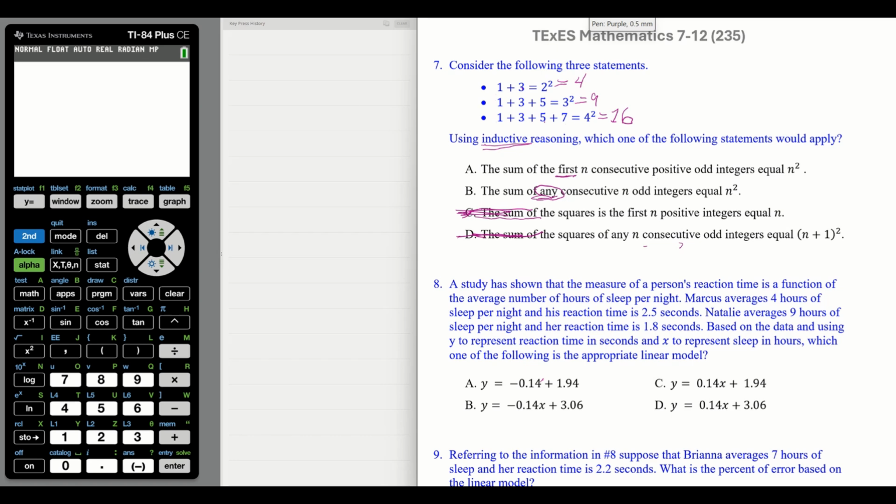That word any. They're saying, looking at our pattern, that we could start with 5 and 7. Well, does that work? No, it doesn't, because 5 plus 7 is 12. We won't get this n squared pattern.